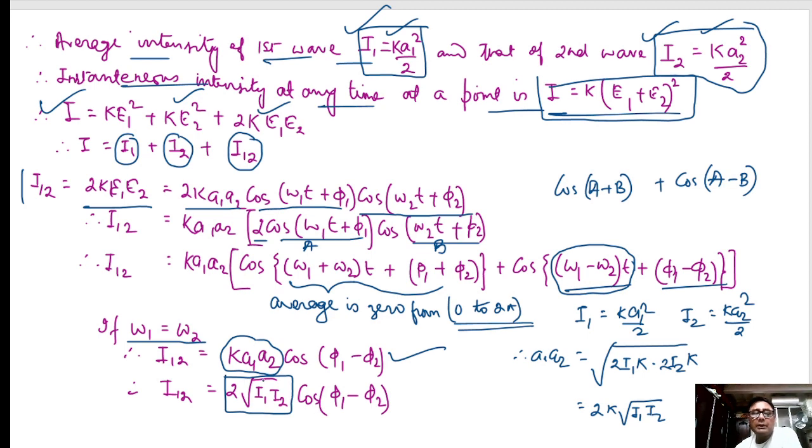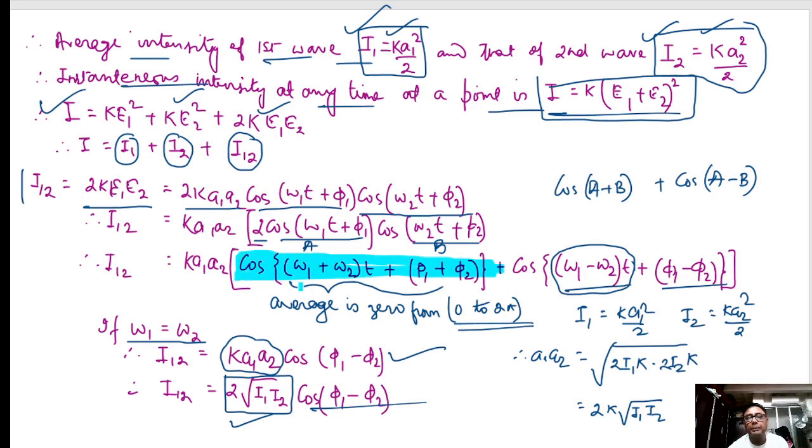So k a1 a2 will be root over 2 I1 I2 cos(phi 1 minus phi 2). The average of this part will always be 0.